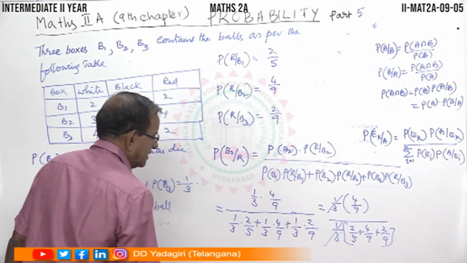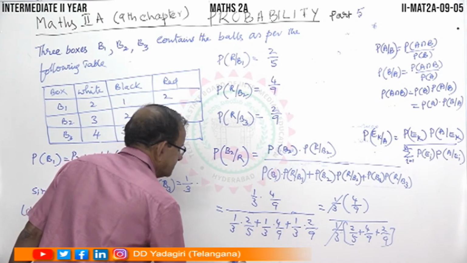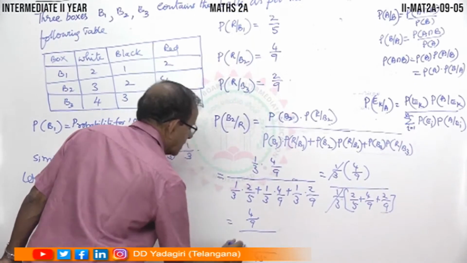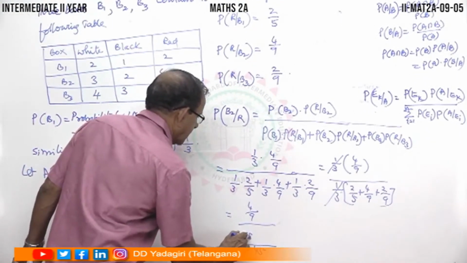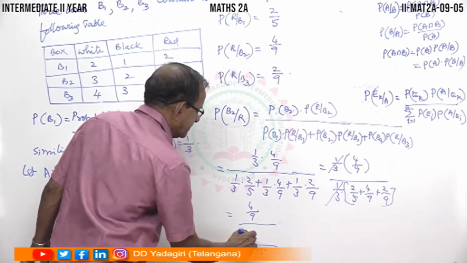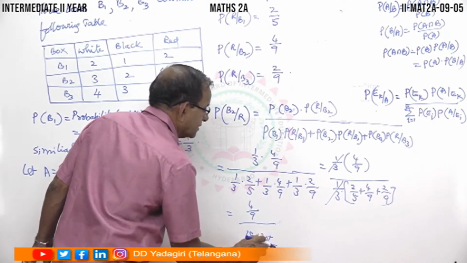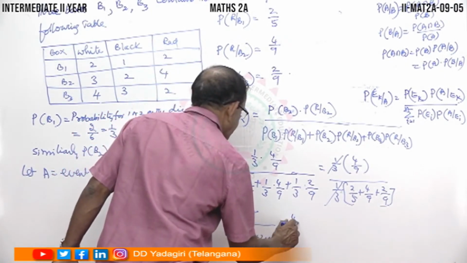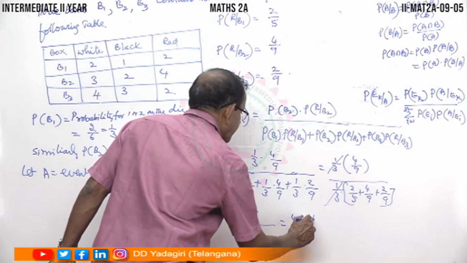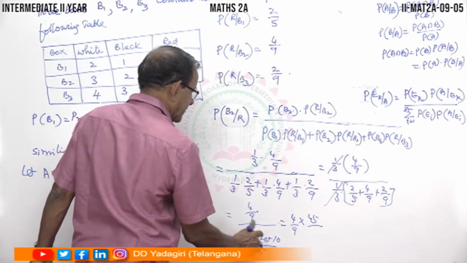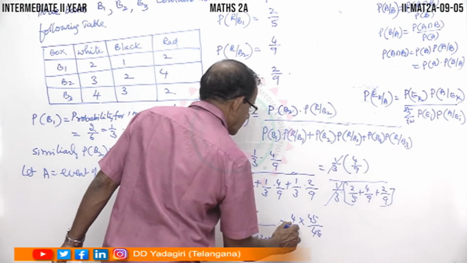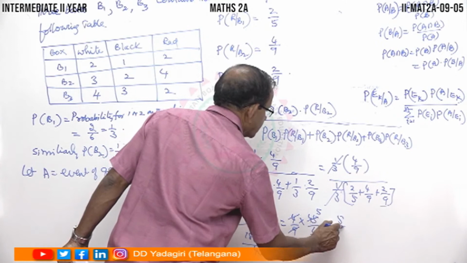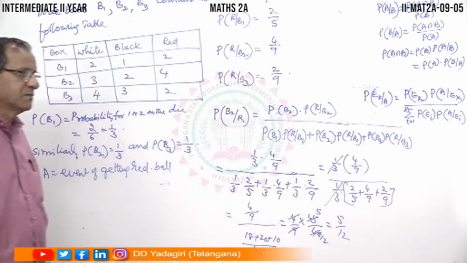In the remaining, 45 is the LCM for the denominator. 5 times 4 is 20, and this also goes 5 times, 10. So this is 4 by 9 into 45 by 48. You can cancel this by 5 times and this by 12 times. So ultimately the answer is 5 by 12.